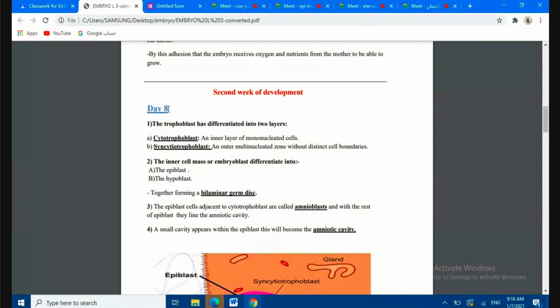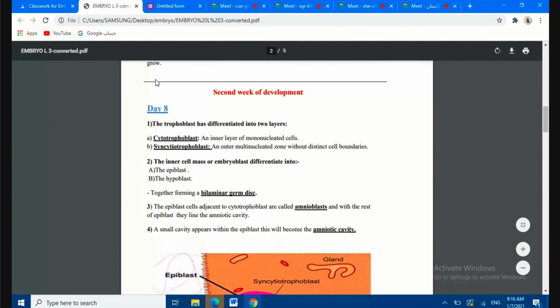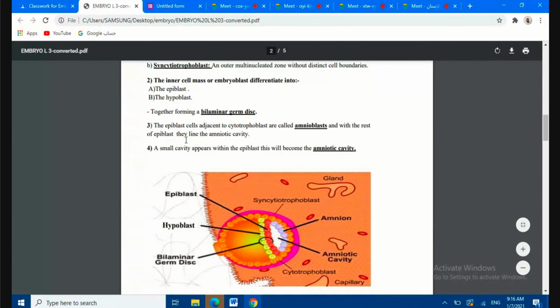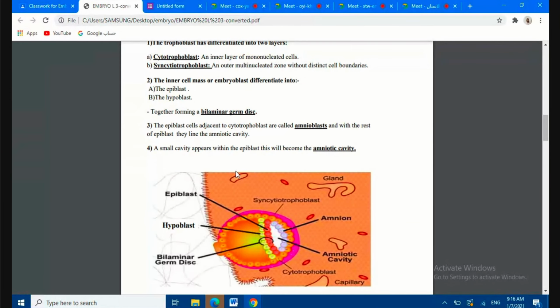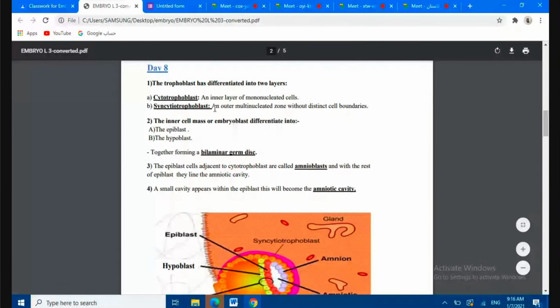So at day 8, first of all the trophoblast will differentiate into two other layers. You know that the trophoblast is a differentiation or result of the division of the outer cell mass, the blastocyst, and we will have two other layers which are so important to know because they are the placenta in the future.